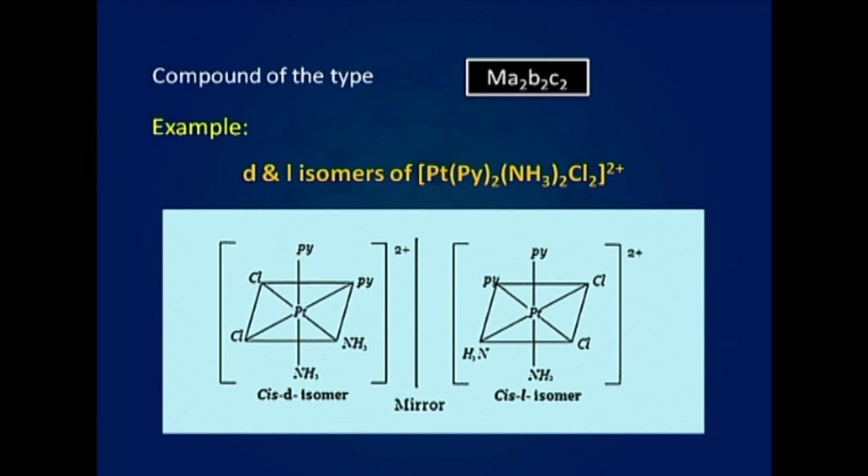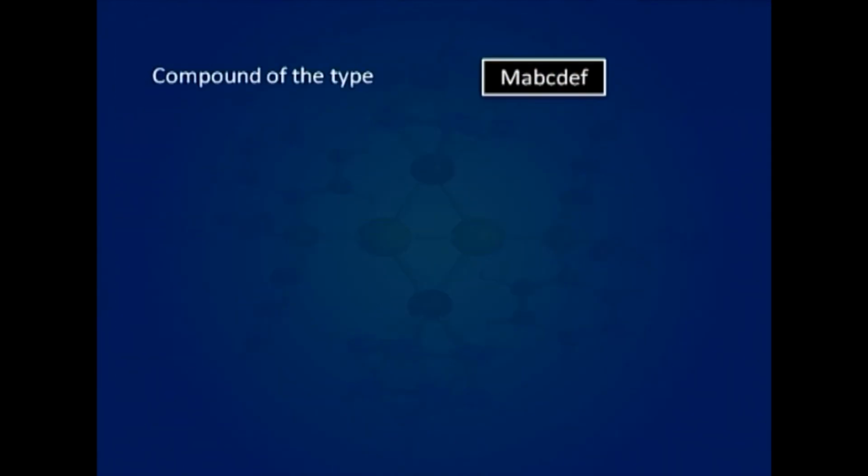Therefore, the cis form of this complex has optical isomerism and contains D and L forms.